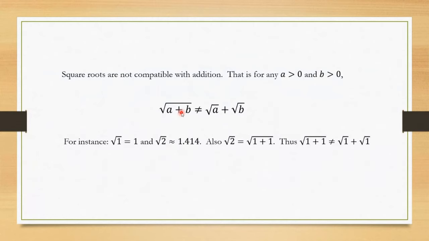So on the left side, we have the square root of 1 plus 1, and what I'm saying is this is not equal to the square root of 1 plus the square root of 1. Here you get the square root of 2, which is about 1.4. Here we get 2. So I really hope that made sense. I'm just saying don't assume they're equal to each other. That's all.